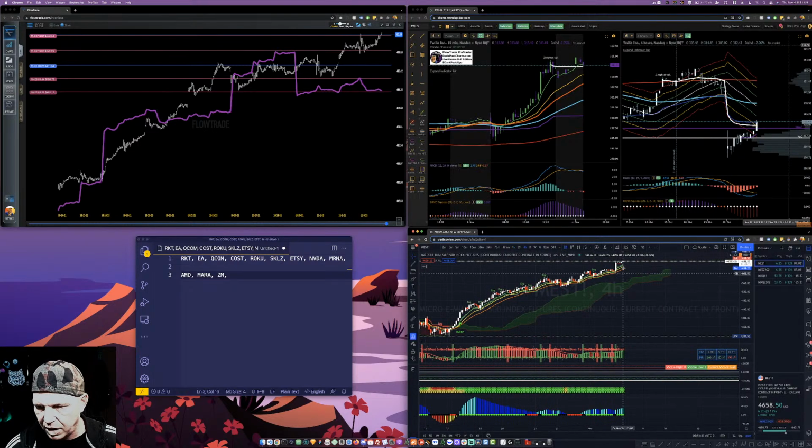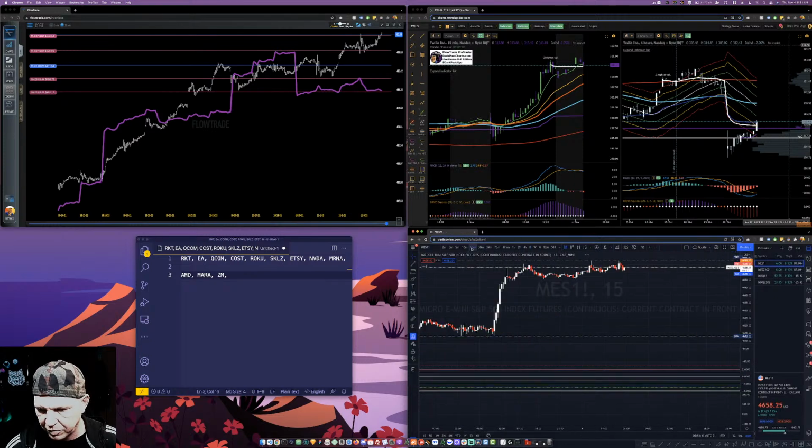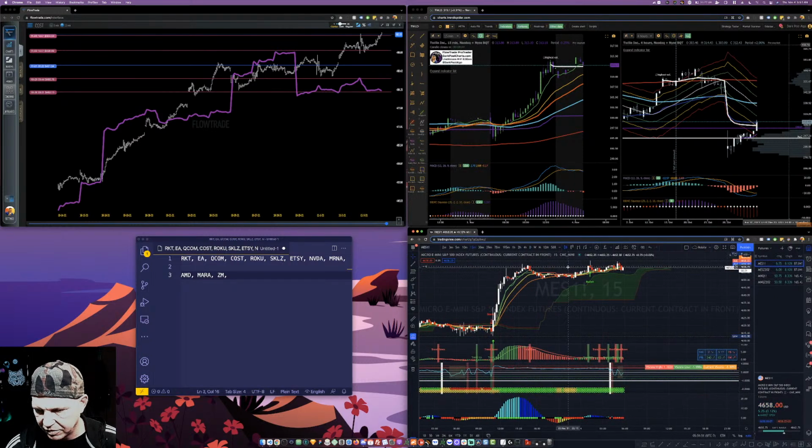We are way above the 4-hour cloud. We are above the 4-hour top as far as the daily is concerned, right? 3-bar play going on. From a 15-minute perspective, we've got support at, if we take out yesterday's lows, or excuse me, we take out 46.50 on the ES.